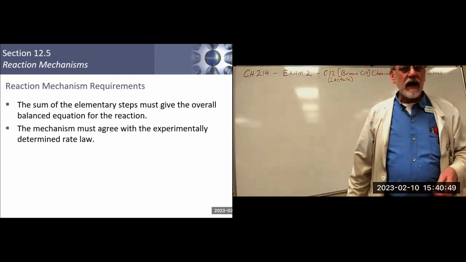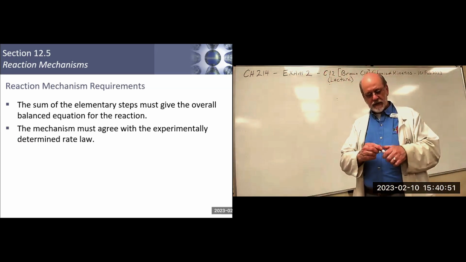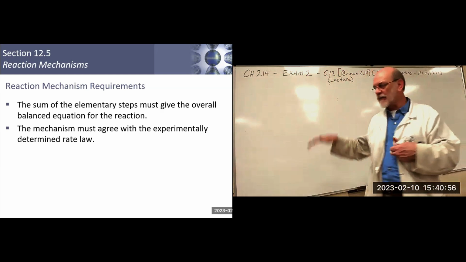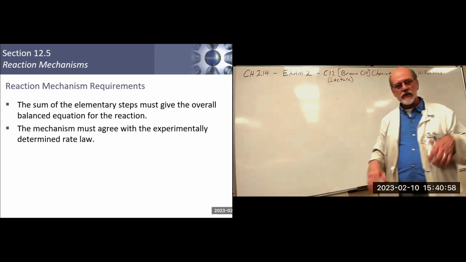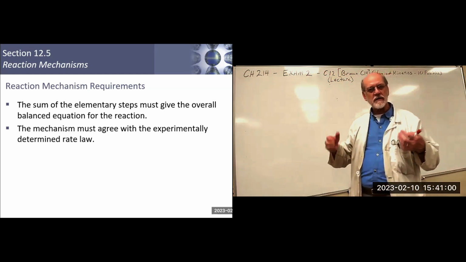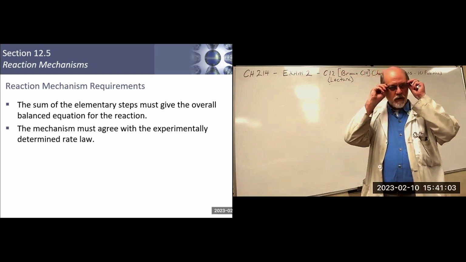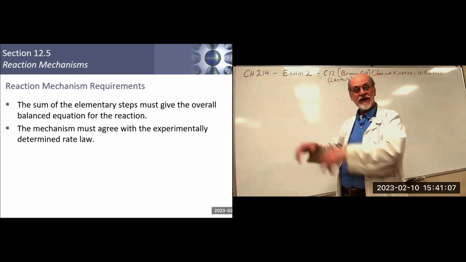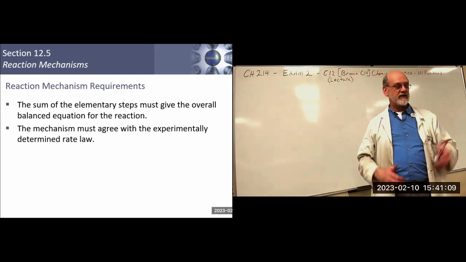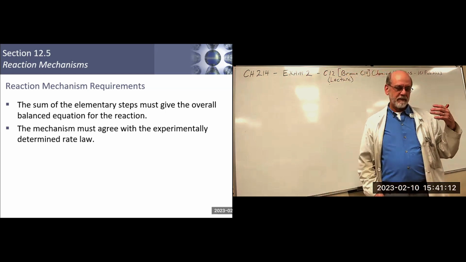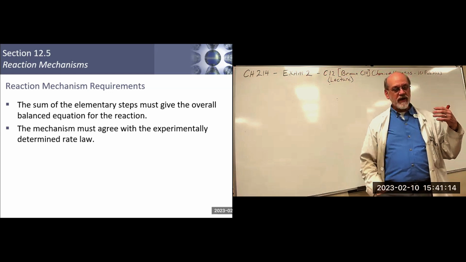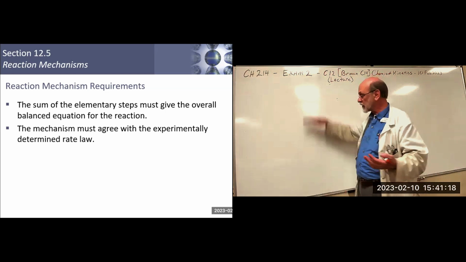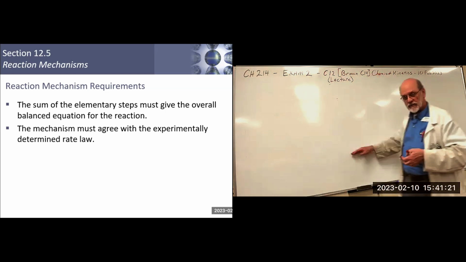Okay, first requirement. Now, when a chemist proposes elementary steps for a reaction, they usually do it based on some intuition, some experience. Or if it's a graduate student, his major professor is guiding him in the right direction, him or her actually. But once you've got a set of elementary steps, what they typically do is propose this set could be it, this set could be it, this set.